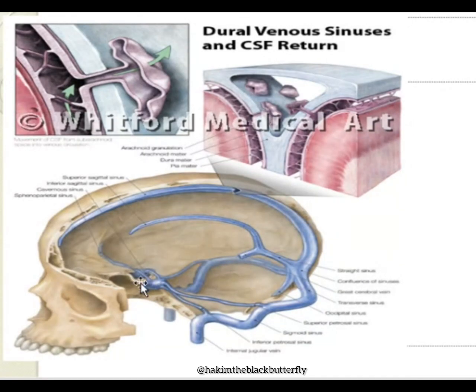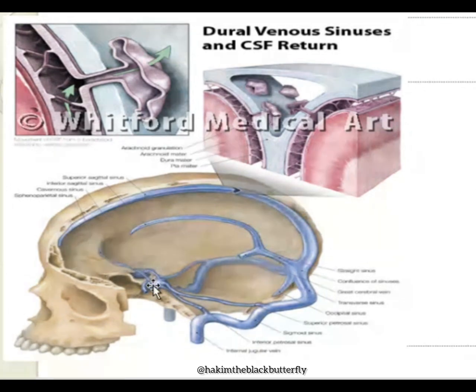On the lateral aspect of the pituitary gland, we have two sinuses, and these sinuses are what we call the cavernous sinuses. It's the cavernous sinus on the right, and the cavernous sinus on the left, and they are on the lateral aspect of the sella turcica or hypophyseal fossa, where the pituitary gland sits.